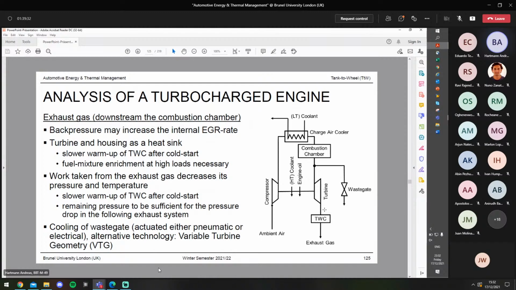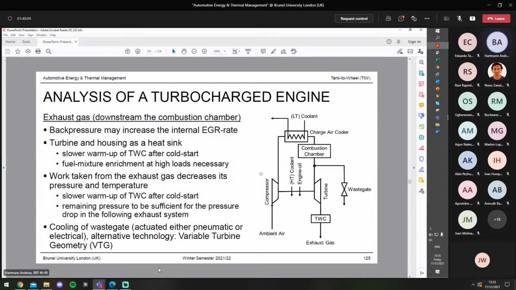As you know, it still has a lot of pressure after leaving the combustion chamber, and this pressure is used to make the turbine run, and the turbine then makes the shaft run, and the shaft again makes the compressor run, and the compressor sucks the ambient air and compresses it to a high pressure in order to get more mass, more oxygen inside the combustion chamber.